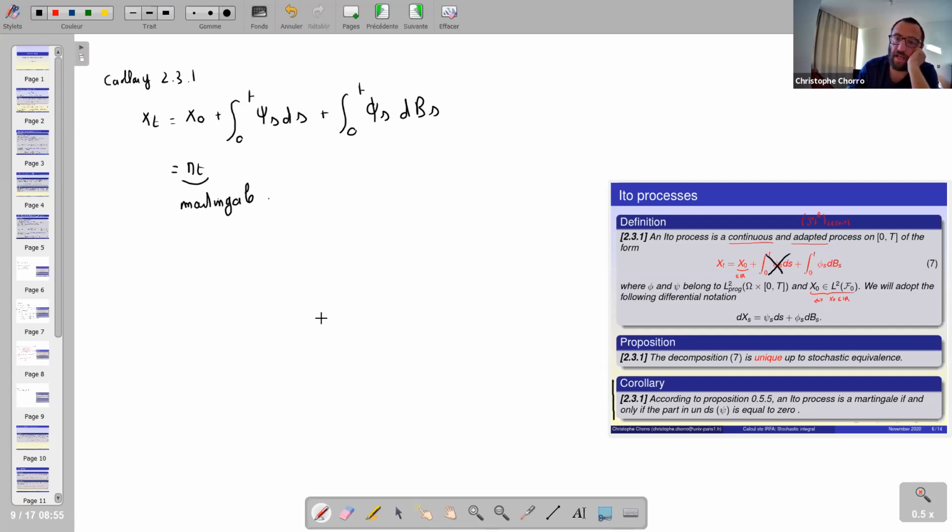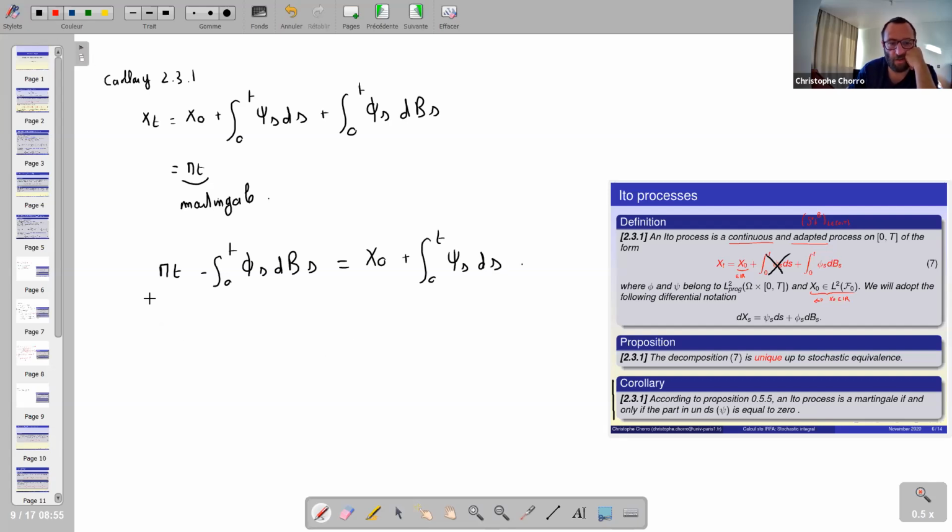But I can do as I have done previously. I can write that M_t minus the integral between 0 and t of phi of s dB_s is equal to x0 plus the integral between 0 and t of psi of s ds. So I have this.